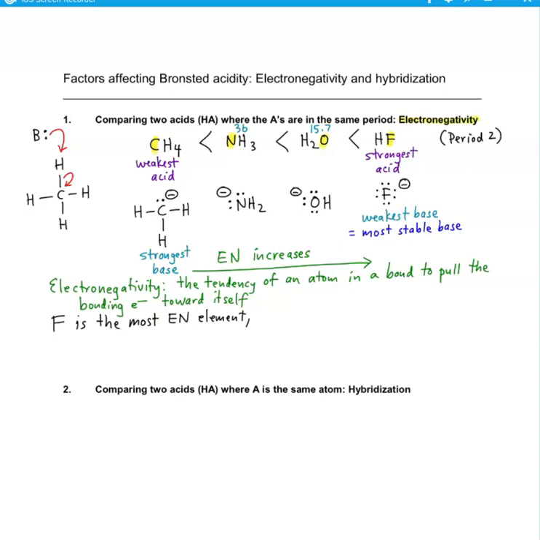And so what that means is that it holds its electrons most closely to its nucleus, compared to the other atoms in this period, which in turn means that those electrons experience the positive nuclear charge to the greatest extent. Thus, those electrons are most stabilized by the positive nuclear charge, or their attraction to it.